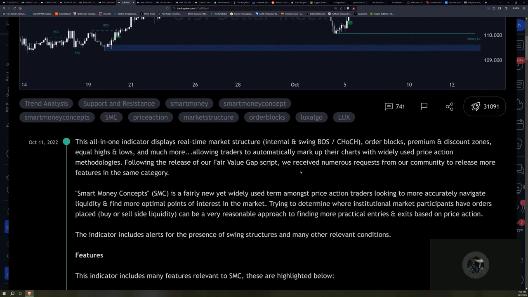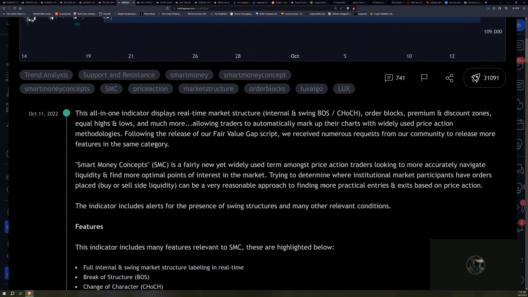SMC is a fairly new yet widely used term amongst price action traders looking to more accurately navigate liquidity and find more optimal points of interest in the market, trying to determine where the institutional market participants have orders placed, buy or sell side liquidity, can be a very reasonable approach to finding more practical entries and exits based on price action. The indicator includes alerts for the presence of swing structures and many other relevant conditions.